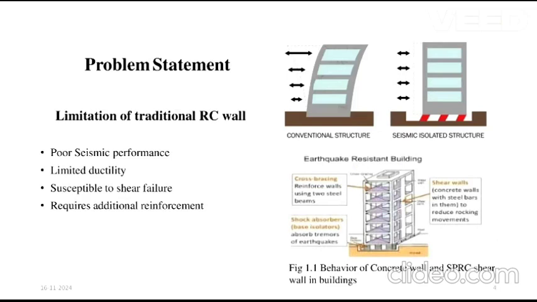Problem statement. Before we move on to SPRC, let's first examine the limitations of traditional reinforced concrete walls. Traditional reinforced concrete walls have certain limitations, including inadequate seismic resistance, restricted ductility, vulnerability to failure, and need for additional reinforcement.